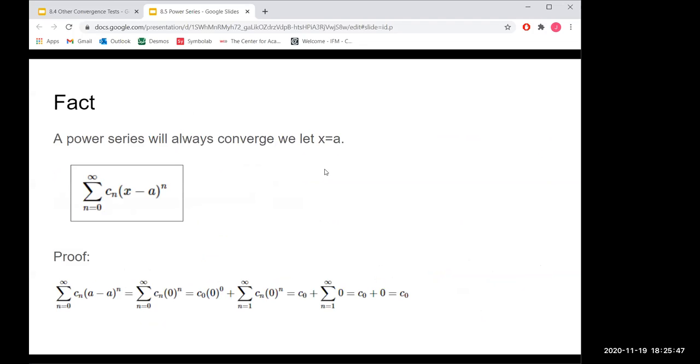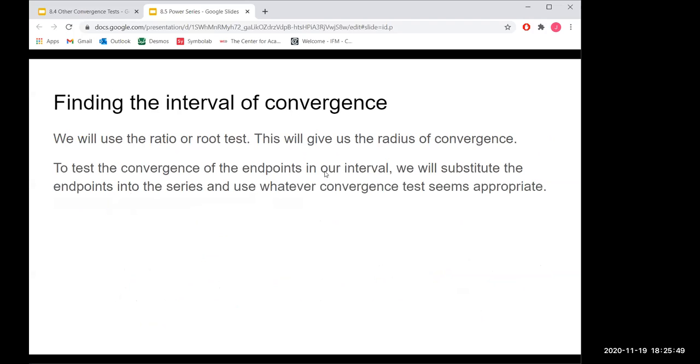Next, we will find out how to find the interval. So here it is. Yeah, Alice, you were right. To find the interval of convergence, there are usually only two tests that we do, and it's always going to be the ratio test or the root test.